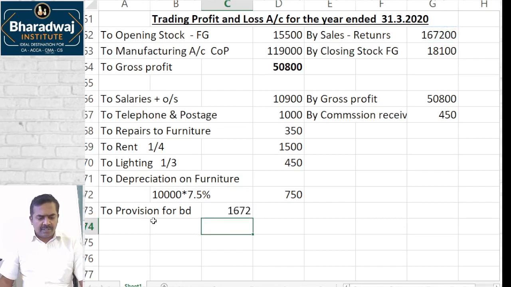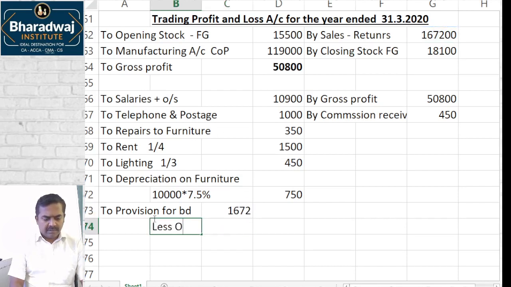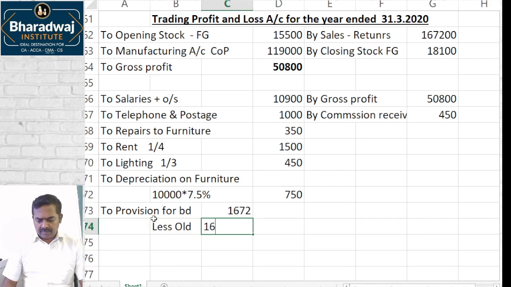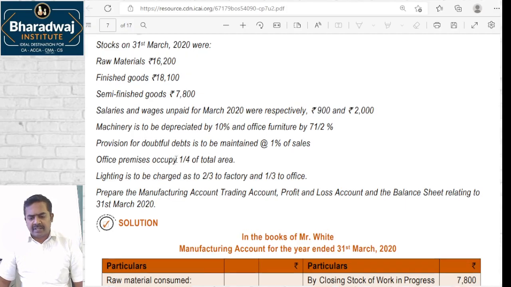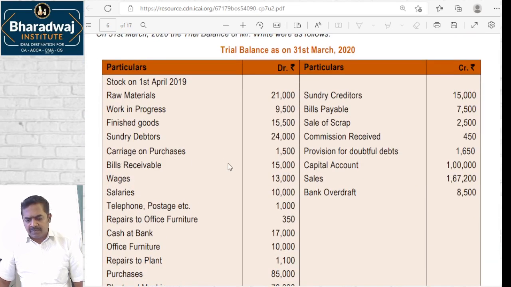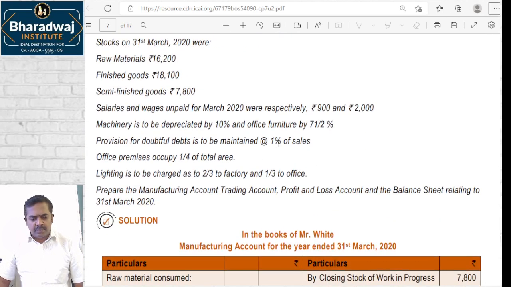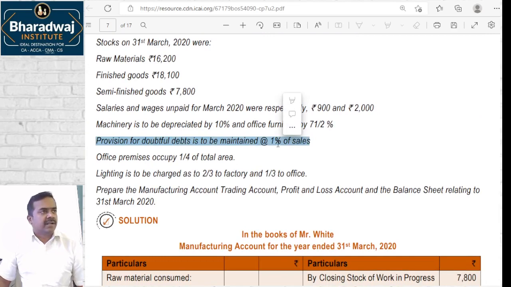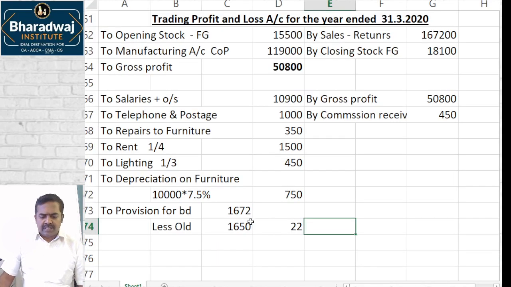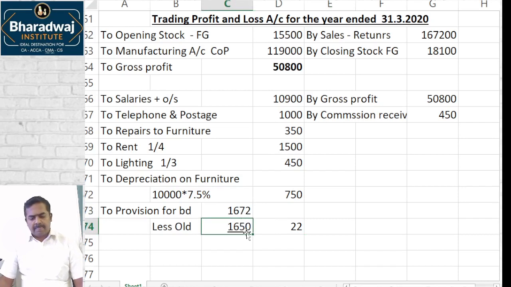Less old provision, how much is there? 1,650. See the old provision, it is on the credit side. Already there is an old provision of 1,650. So the new provision required is 1% on sales, 1,672 minus old provision 1,650, 22 rupees to be charged.